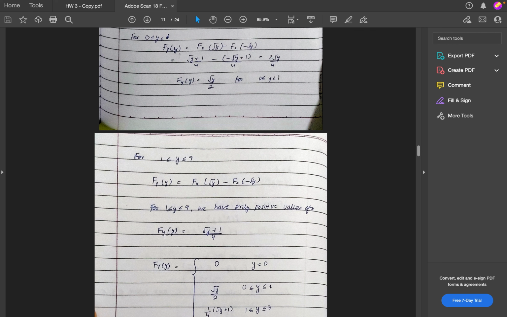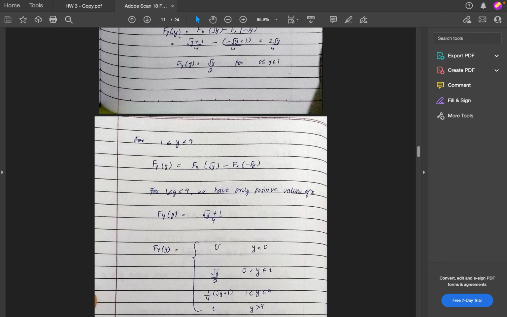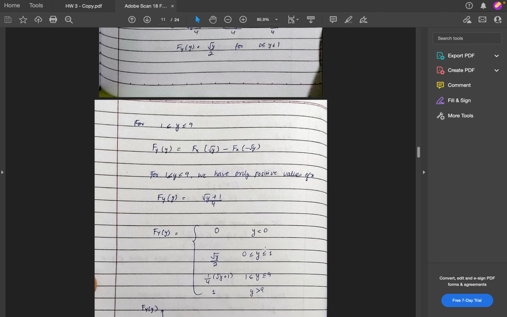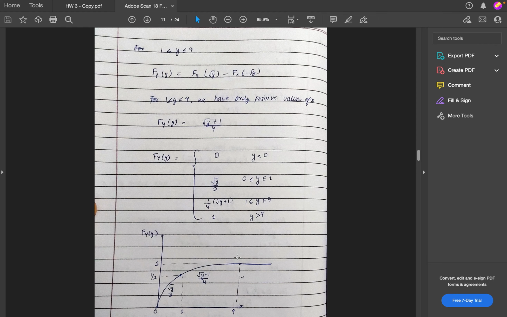So for this case we get the CDF as root y plus 1 by 4. For y less than 0, the CDF will be 0, again by the same argument that the PDF is not valid in this range. And for y greater than 9 it will be 1, since the CDF sums up to 1.